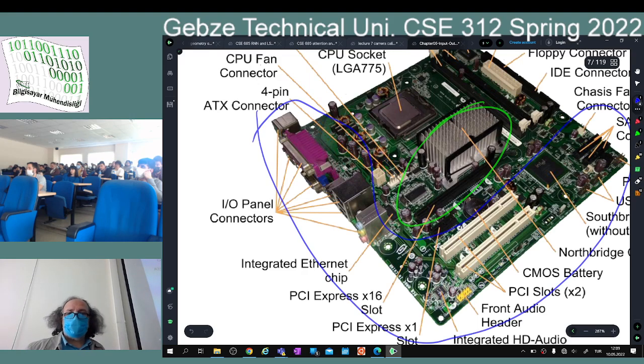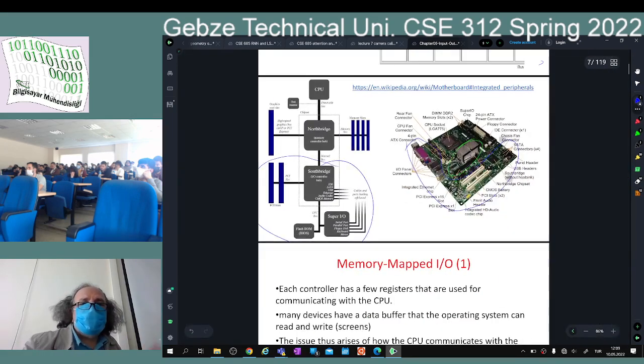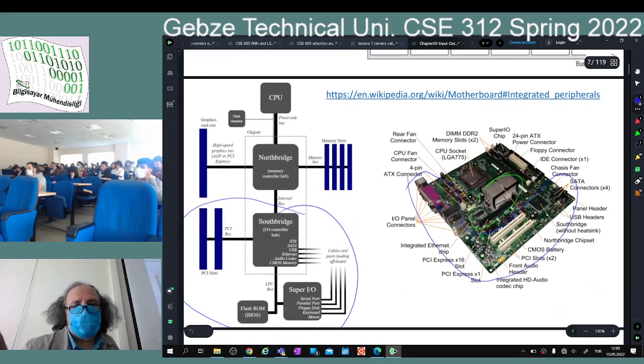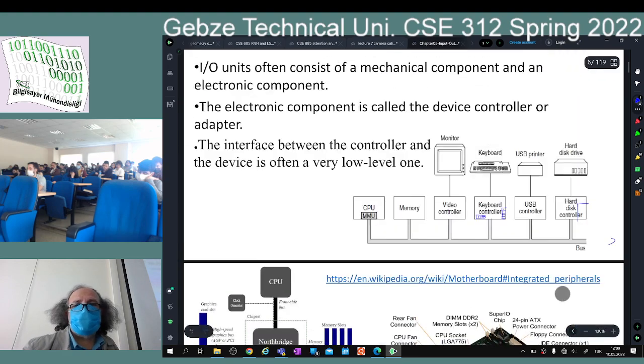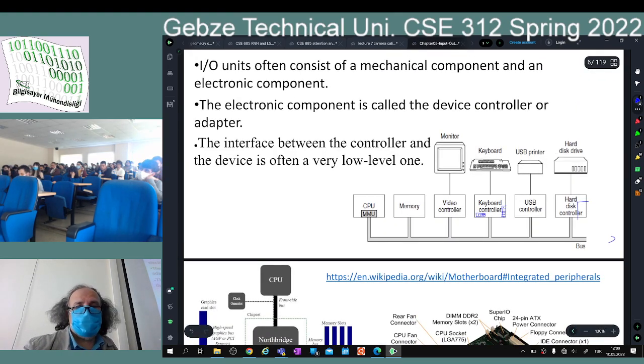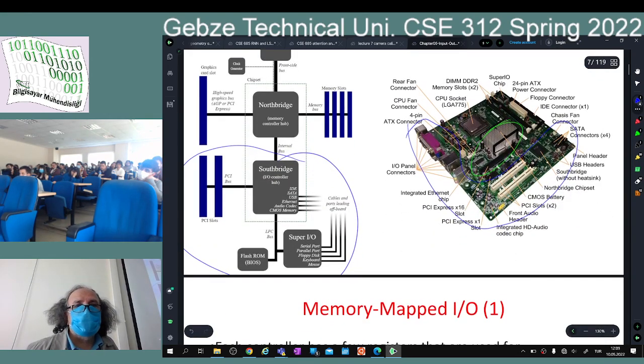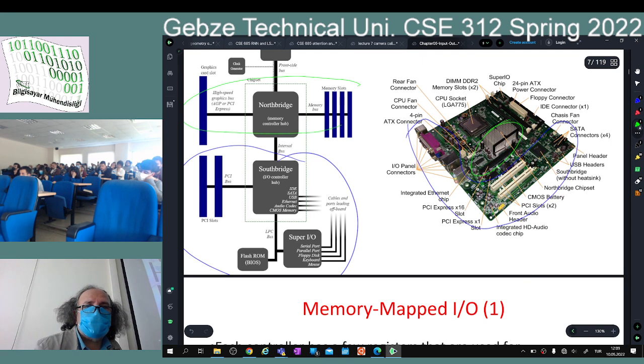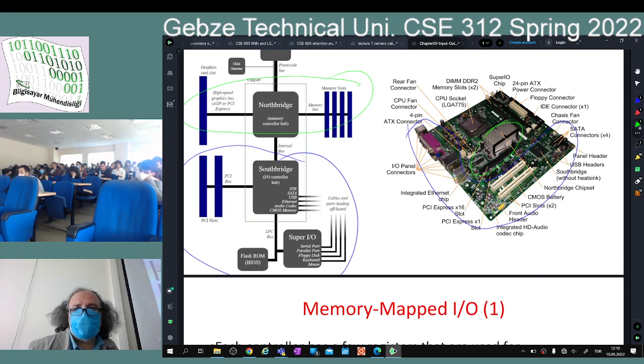So these are all connected to the South Bridge. Anyway, this is not a course about hardware, but the picture is not as simple as this. The picture is like this, a complicated picture, and as an operating system expert or operating system student, it helps to know what's going on on your main board.